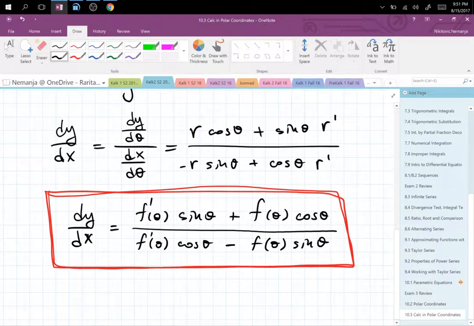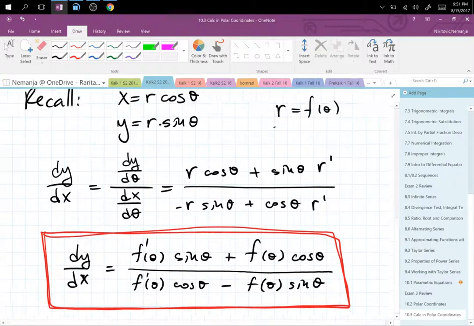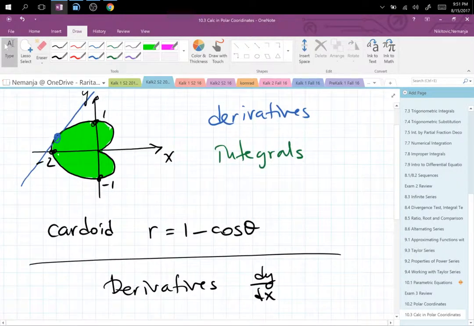So now we can find the tangent lines at these values in the problem.